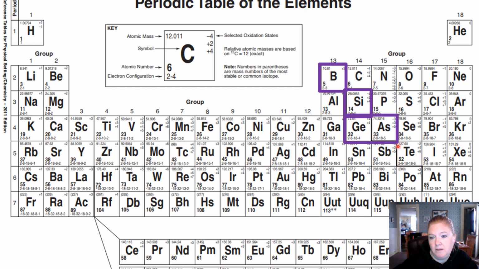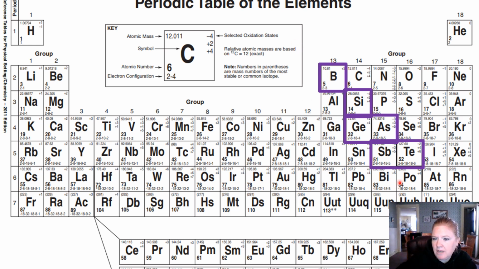Then we have, here's the line, 2 elements that touch the line, Sb and Te, beautiful, metalloids. These are the only ones that are agreed on, that are always metalloids: B, Si, Ge, As, Sb, Te. So the only one touching the line up here that is not a metalloid is aluminum. So that's the oddball. You gotta remember that one.